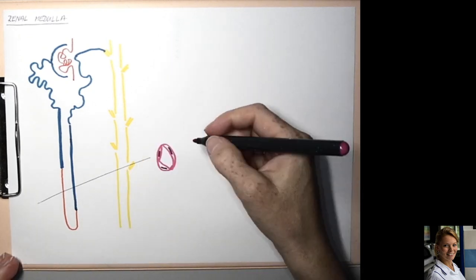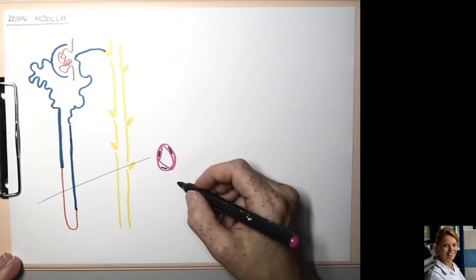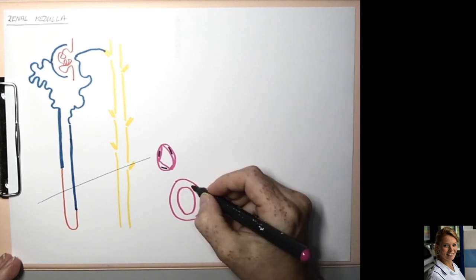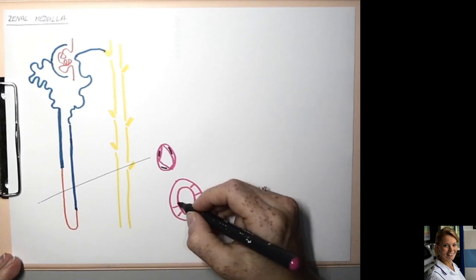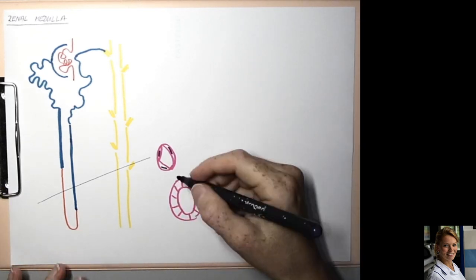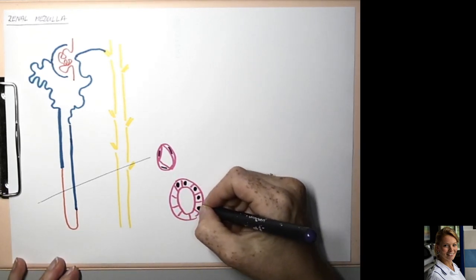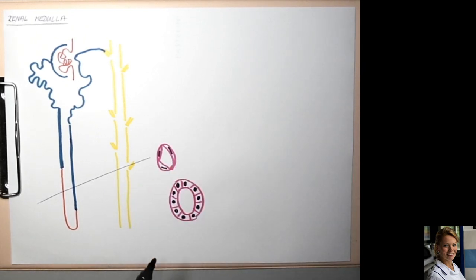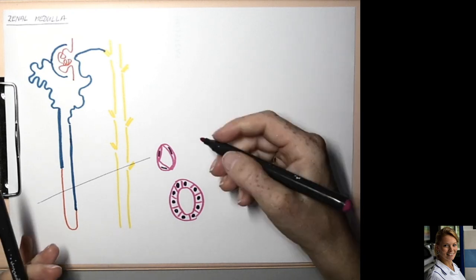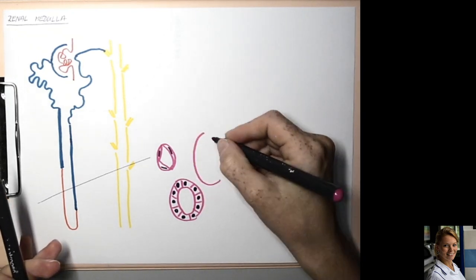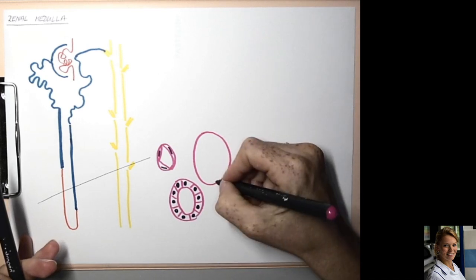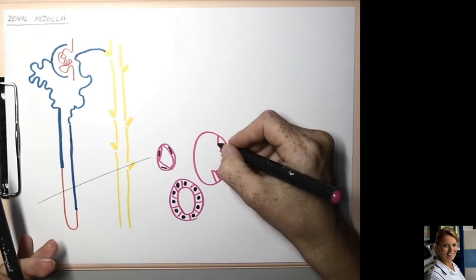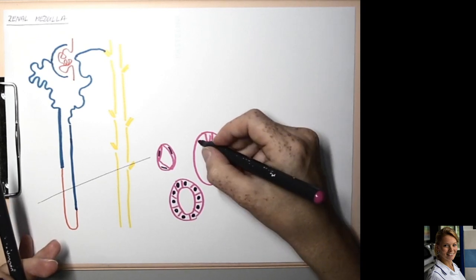The thick limb of loop of Henle is lined by simple cuboidal epithelium with round nuclei. And the collecting duct is lined by simple cuboidal or low columnar epithelium with elongated nuclei.